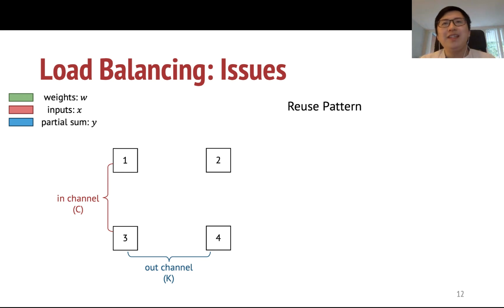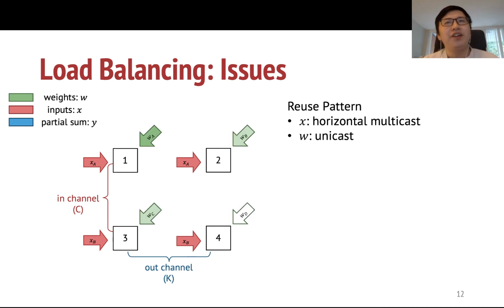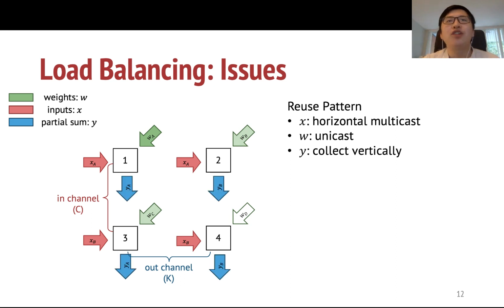The resulting spatial reuse pattern is the following. Input activations are multicasted horizontally, weights are unicasted, and partial sums are collected vertically. Different subscripts here distinguish different working sets.